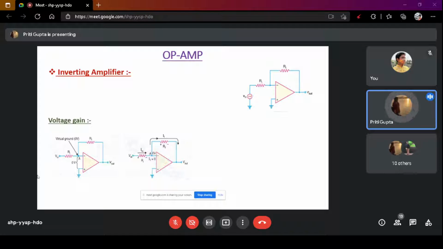Practically the op-amp draws very little current. So it is drawing very little current, ideally zero, practically very minor current. Apart from that, due to the virtual ground concept, voltage of point A is zero. So tell me, is that clear? Then I'll go to the next figure.